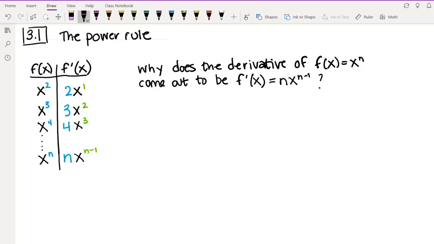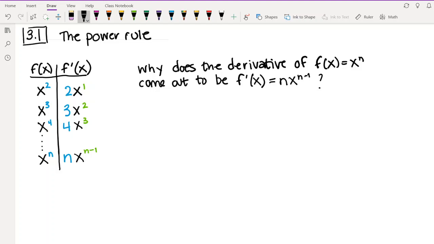So I want to write out the limit definition for x squared and see where that 2x comes from. And then we'll look at also x cubed and x to the fourth, and we won't do the whole process, but we'll just try to see where the derivative part is going to come from.